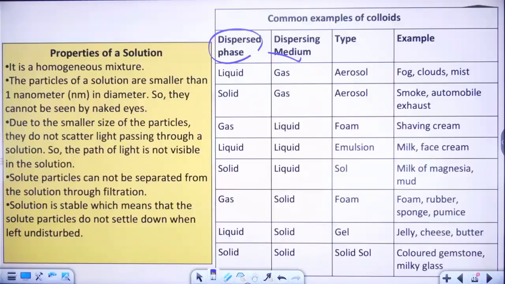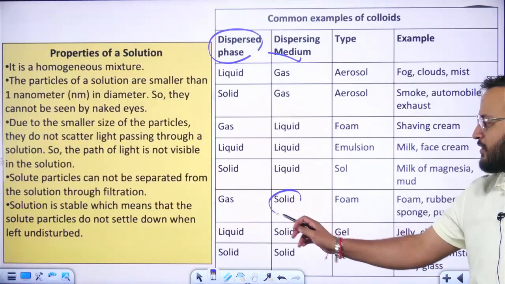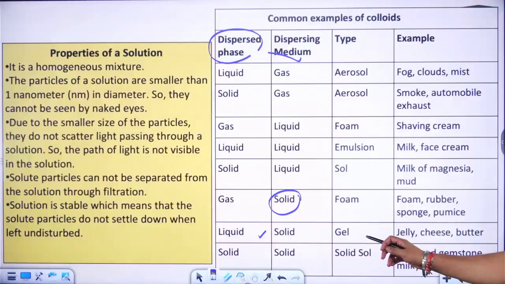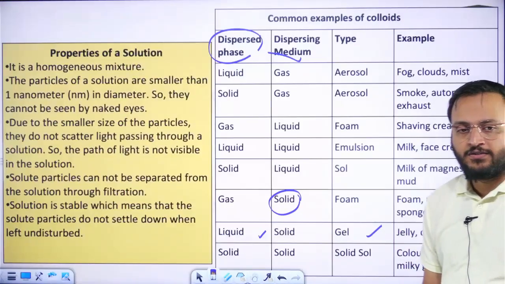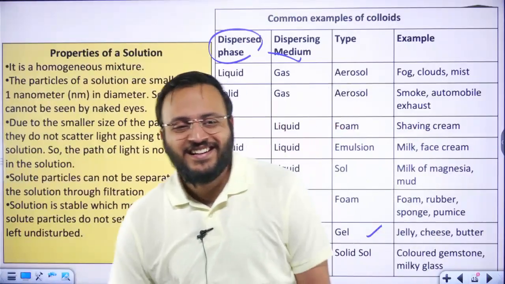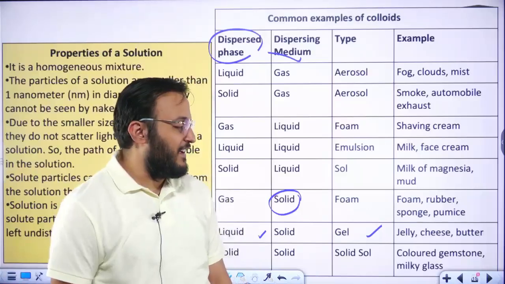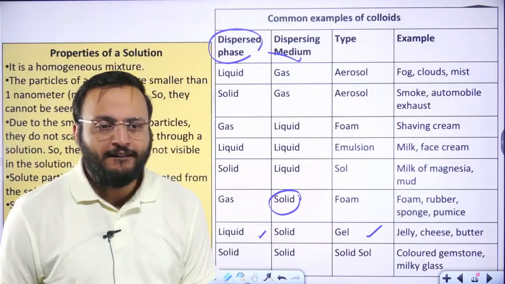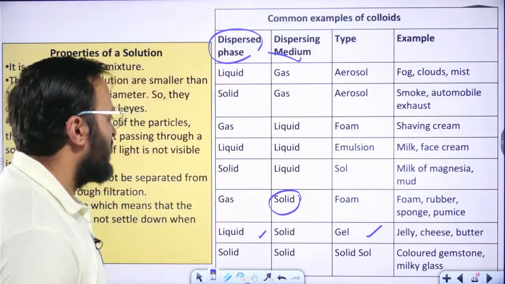If we have the dispersion medium as solid and we put liquid into it, we get gel, right? Gel, jelly, cheese, butter kind of things. Okay, that is what happens.